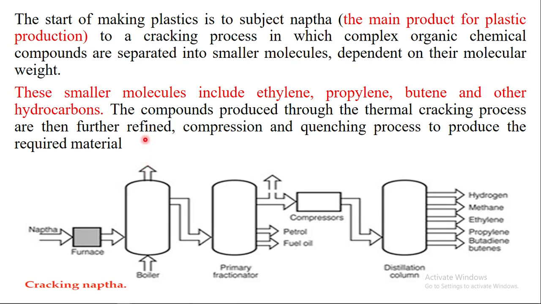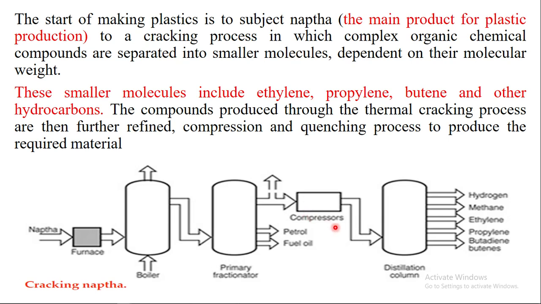Then some is removed through here, some through here. These removed streams go to the primary fractionator, where different products are prepared. Maybe fuel oil is removed here, petrol is removed through here, and the others through here.